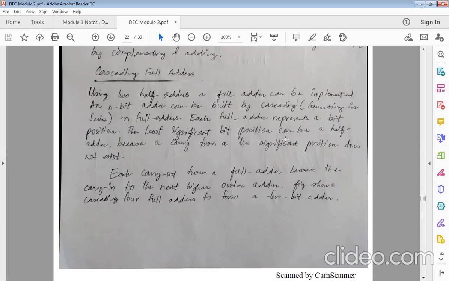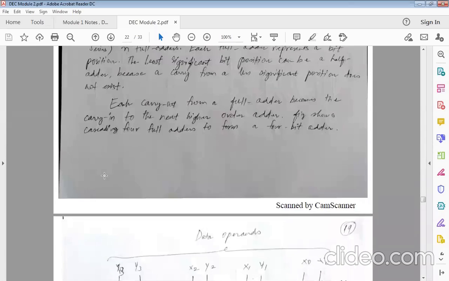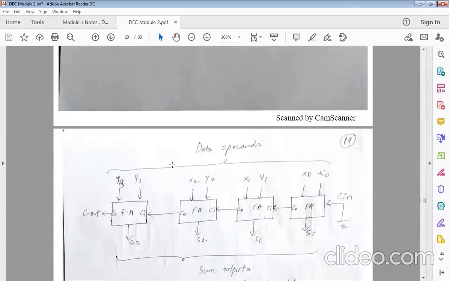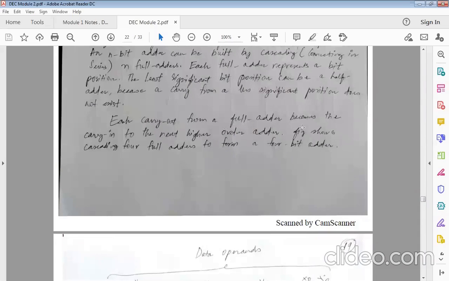The least significant bit can be a half adder because a carry from the less significant position does not exist. So what we are trying to say here is initially there wouldn't be any carry. Later on, the carry gets generated. Each carry out from a full adder becomes the carry in to the next higher stage, right?